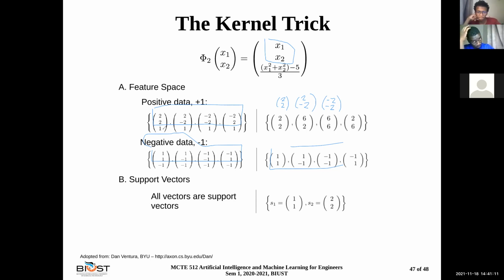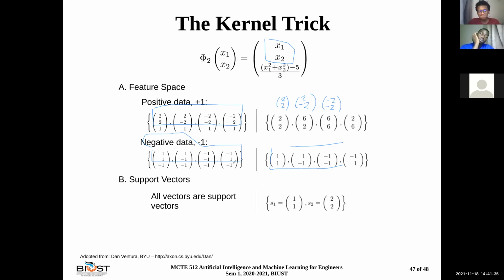Divided by 3, that's a 1. So everything is 1. At the bottom, this is 1 squared plus 1 squared, so 1 plus 1 is 2, minus 5 is minus 3. Minus 3 divided by 3 is always negative 1. So all negative 1. There, that is your feature space now.